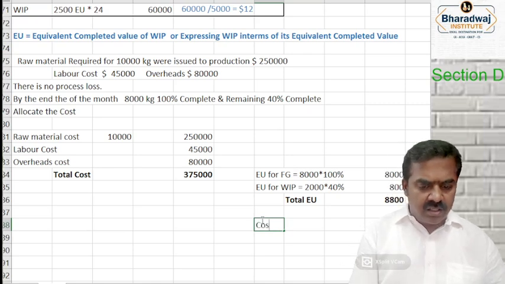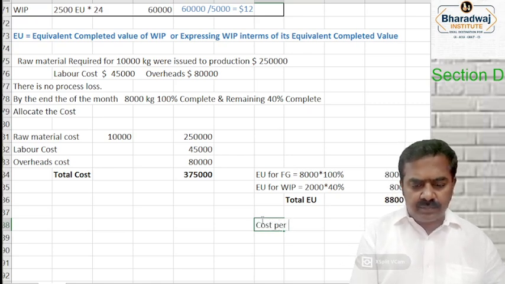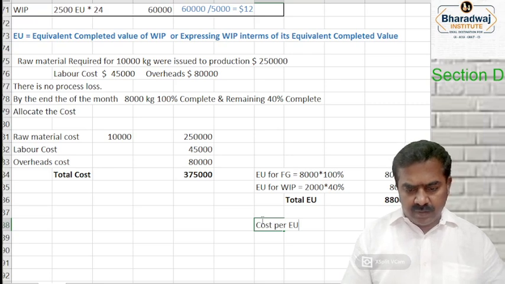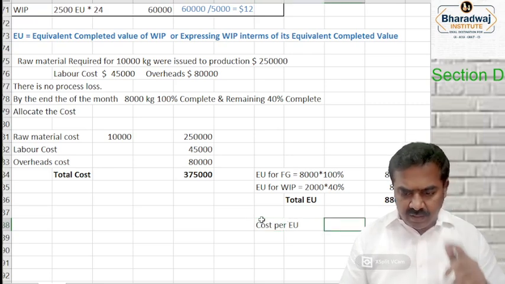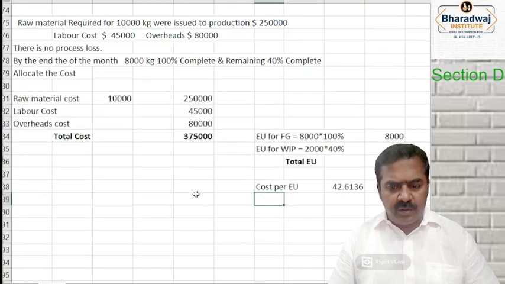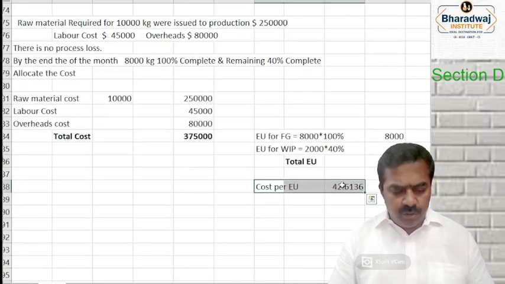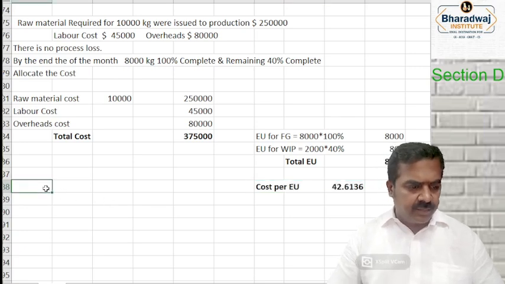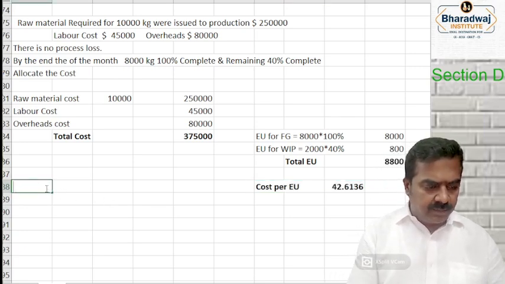So what is the cost per equivalent unit? 3,75,000 divided by 8,800. This will give us the cost per equivalent unit. Using this cost, we'll assign. So allocation of cost.